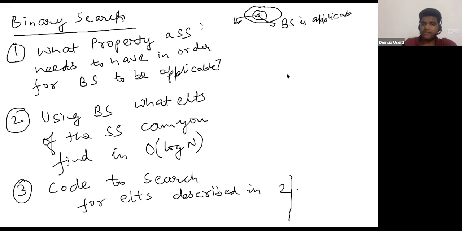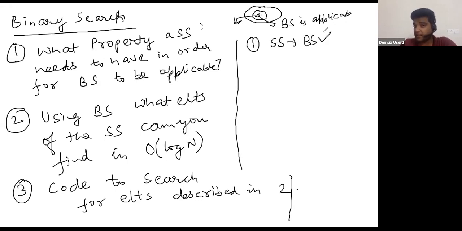Now, after this, if you get any question, you need to first check whether the search space given in the question has the properties so that I can apply binary search. Once you determine that it has the properties and I can apply binary search, will that application lead me to the answer that the question is looking for? Because even if binary search is applicable, I know that I can only find certain elements of the search space, not every element.